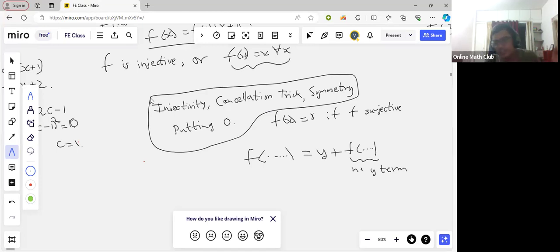We just vary y, and this thing varies over all numbers, but this thing does not. This is one common way to do it. And one more way to do it is when you get something like f of f of y is equal to y or something like that. These are called involutions, and if you have such terms, then you can get surjectivity. Okay.